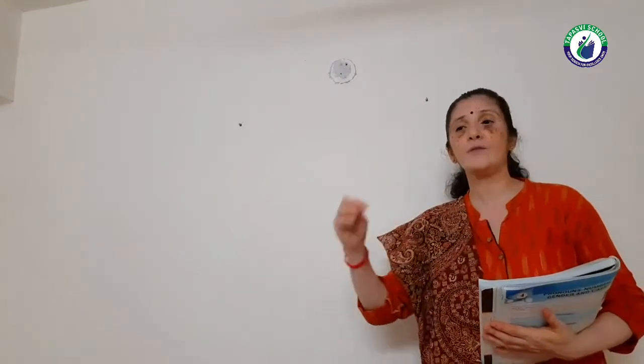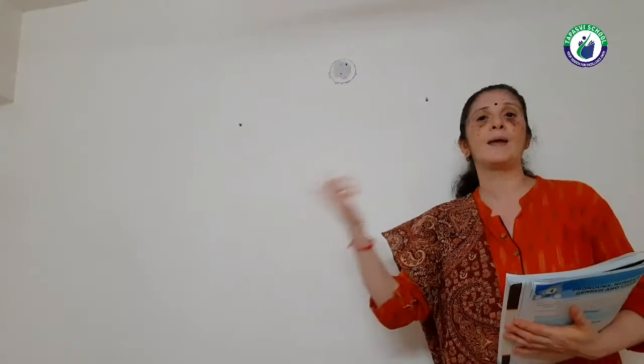Third person is the person that the speaker is talking about. Means for example, if I am talking with you about someone else, then that person is called third person. For example, if I am talking with you, that Ram is a good boy.